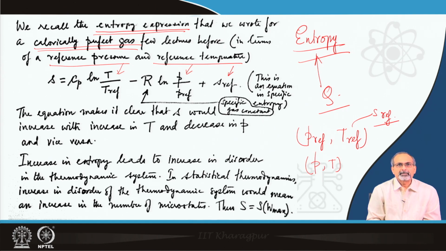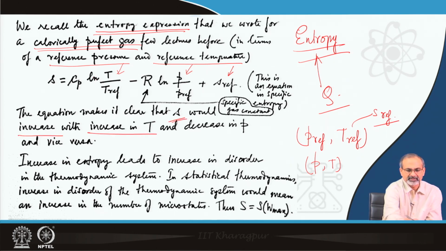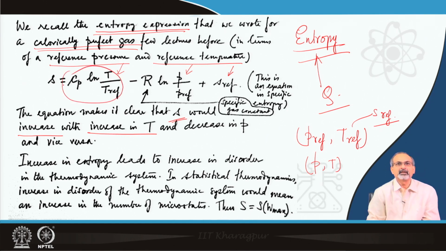And in this equation, if you watch carefully, the specific entropy S would increase with increase in temperature. That is when this term would contribute a positive value and increasingly positive value if T becomes larger and larger, while if there is a decrease in P, that could also increase the entropy value, because this has a negative sign associated with it.